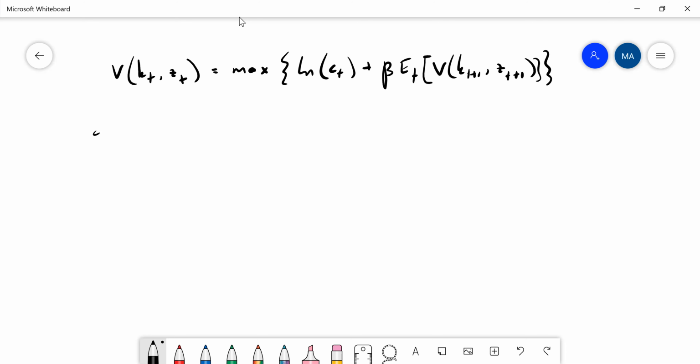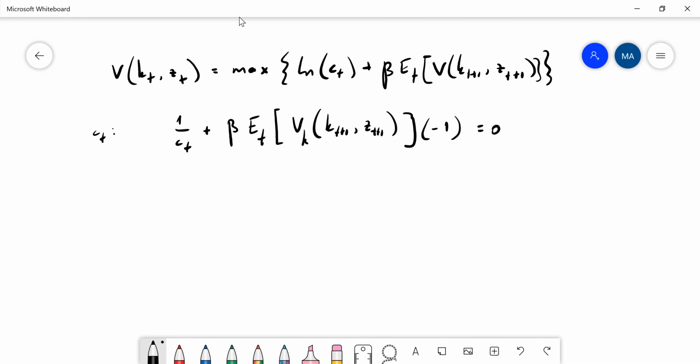Then you take the first order condition with respect to your state variable. Now be careful, you are also evaluating this derivative by the information you have at t. Then the derivative of k_{t+1} with respect to c_t will be equal to -1, as always. Then you will have the envelope condition for the endogenous state variable, obviously.